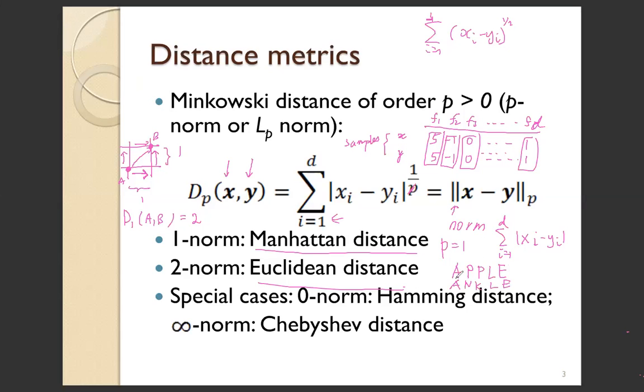The Hamming distance between these two words will be 2, because there are two positions where the characters are different. It's just something very simple like that. So we'll focus more on Manhattan distance and Euclidean distance.